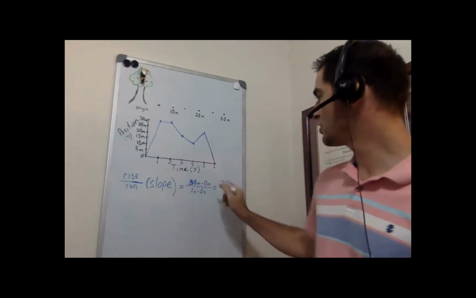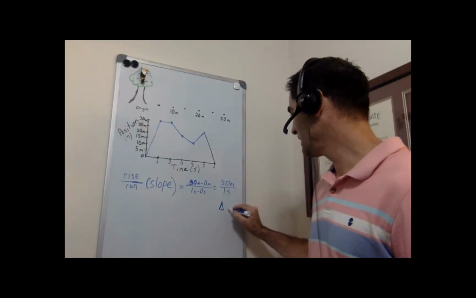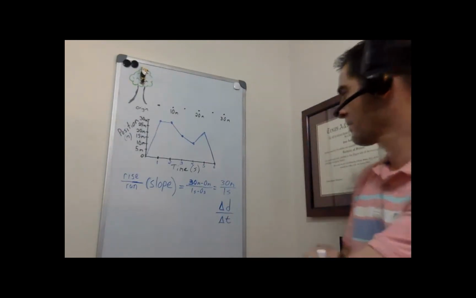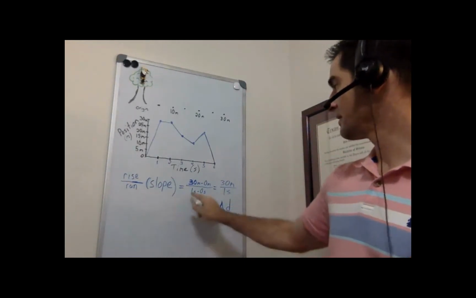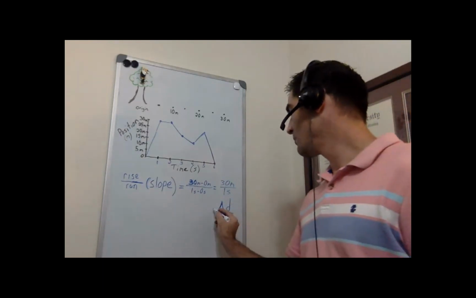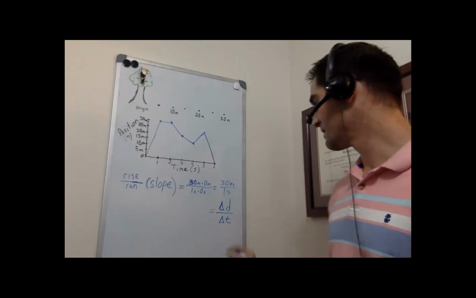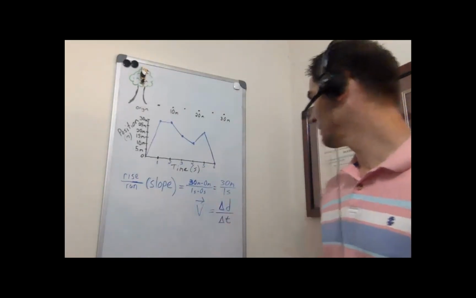So this is our change. Change in distance over change in time. So that is our slope. Rise over run is our change in distance divided by our change in time. And we already know from one of our previous lessons that this is velocity.